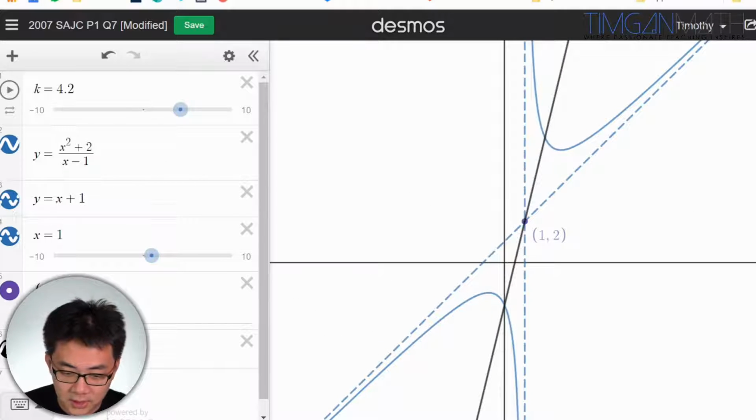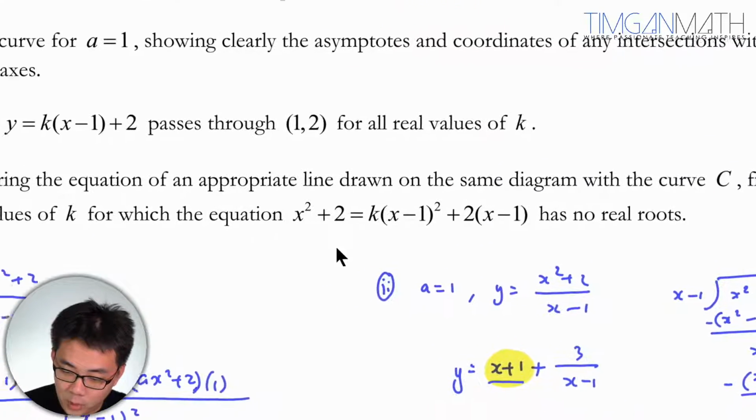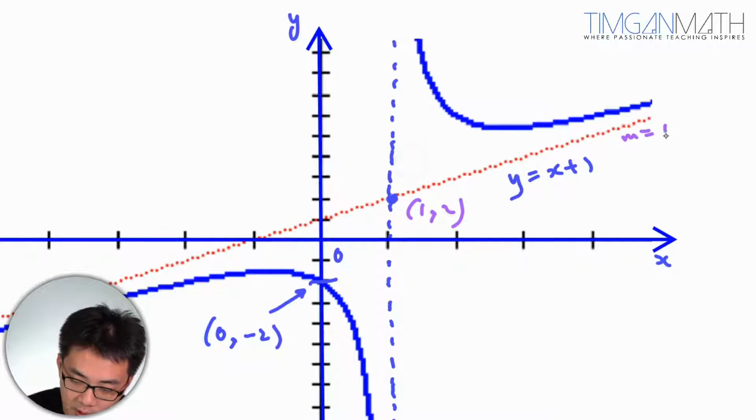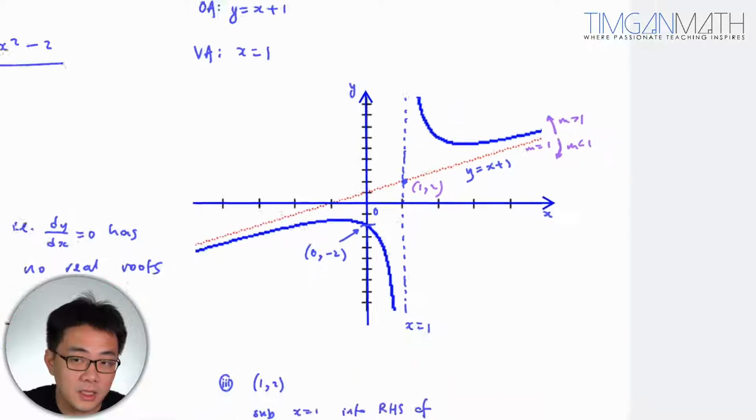So the question now wants us to have no real roots. Just take note, this line here, anything lesser than this is where the gradient is 1. Anything lesser than this is m less than 1. Anything more than that is m bigger than 1. Let's take note of that.